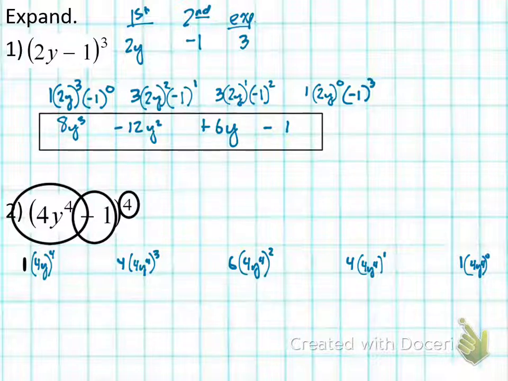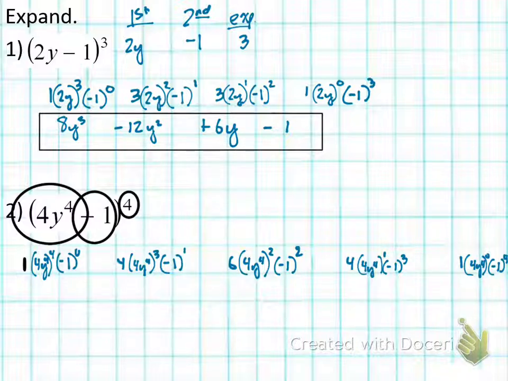Oh, thank you, you missed the power inside. Okay, then we got negative 1. Working backwards, we got negative 1 to the 4th, negative 1 to the 3rd, negative 1 to the 2nd, negative 1 to the 1st, and negative 1 to the 0 power.